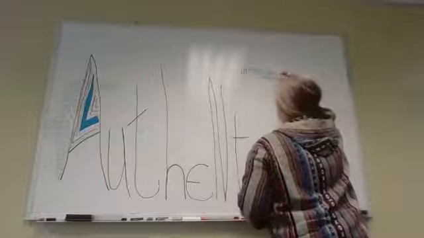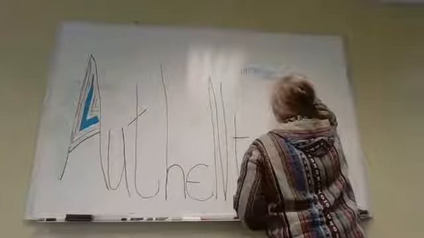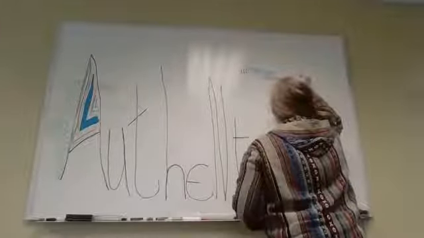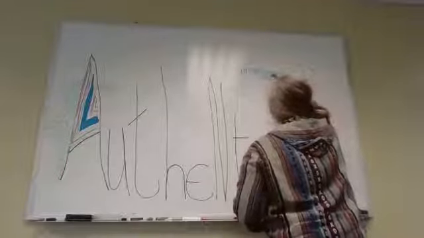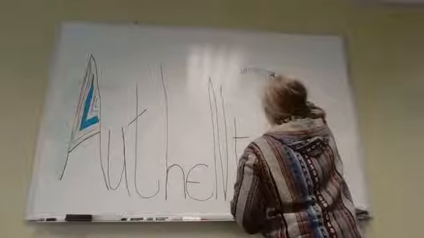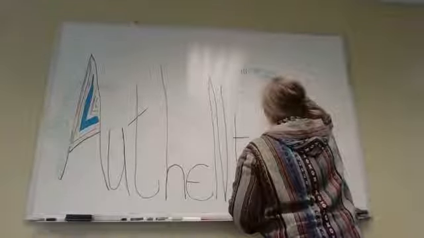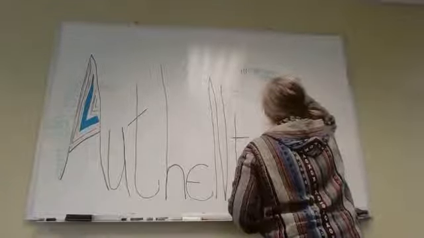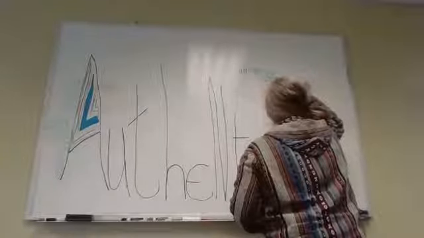Up here, once again, this one's called Kieko, and you go vertical, horizontal, vertical, horizontal, vertical, horizontal, and vertical, and then underneath the vertical you would go horizontal, vertical, horizontal, vertical, and you just keep repeating the pattern.